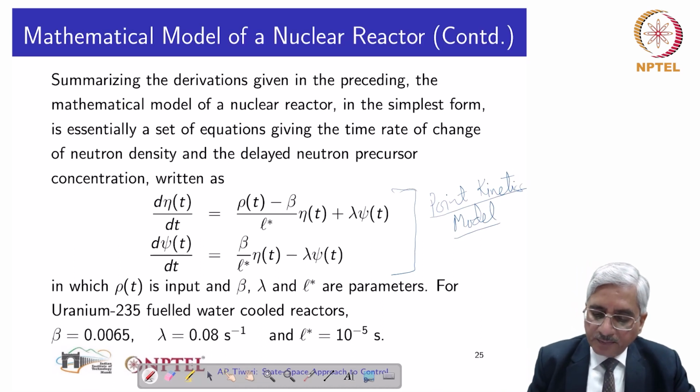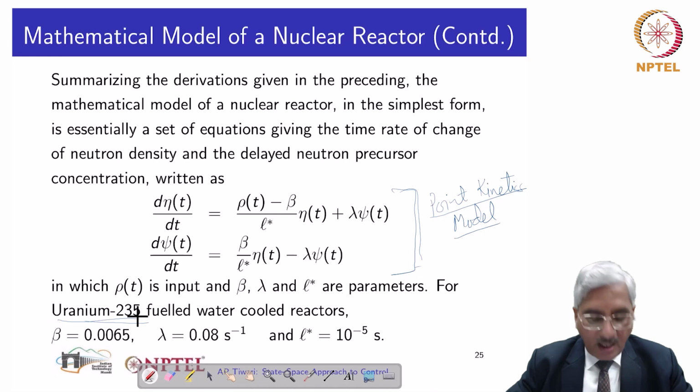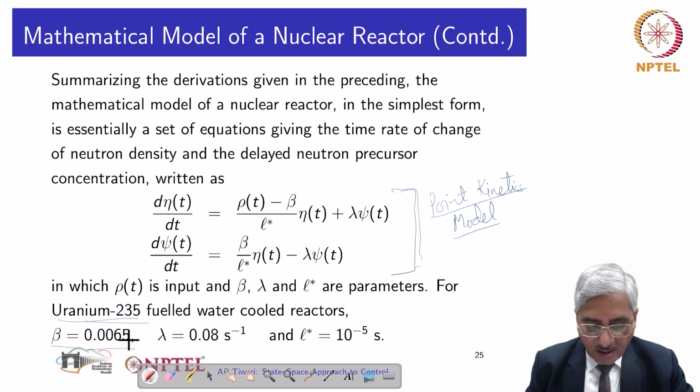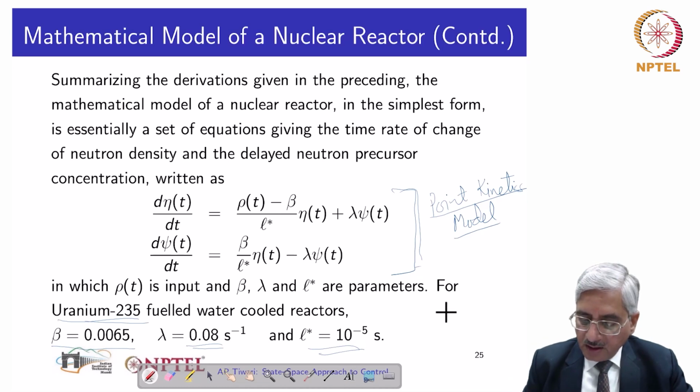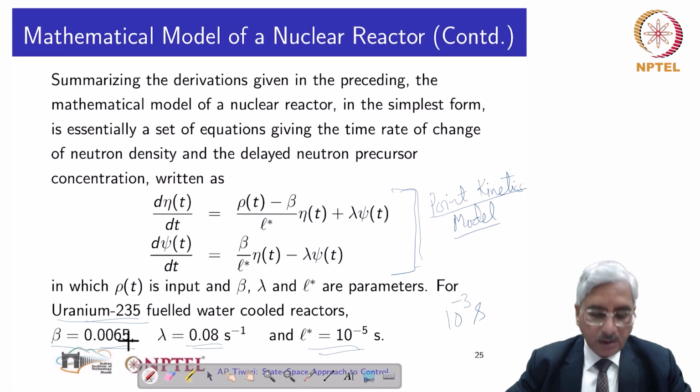Now most reactors use uranium-235 fuel, and for them beta is 0.0065, it is a fraction, lambda is 0.08 inverse second, and L star is 10 to the power minus 5, a typical value, but it may be up to 10 to the power minus 3 second. Beta also in some reactors is slightly higher even for uranium-235 fuel depending upon the energy.